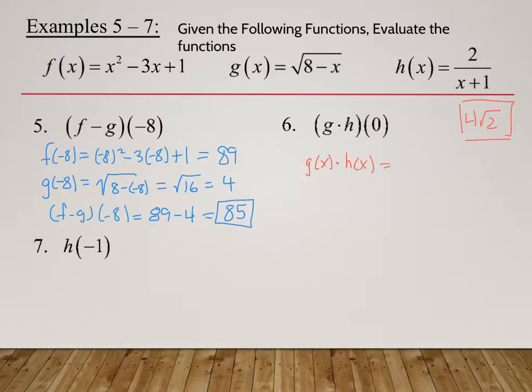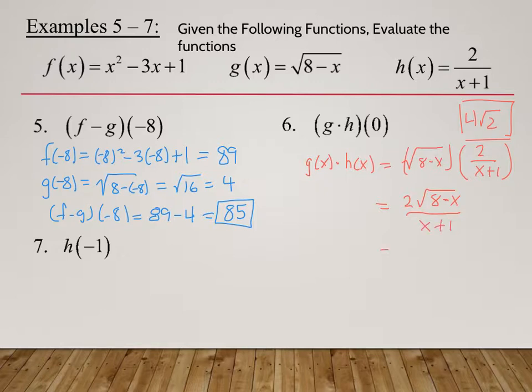And when we do that, we get the square root of 8 minus x times 2 over x plus 1. And so that's just equal to 2 times the square root of 8 minus x over x plus 1.